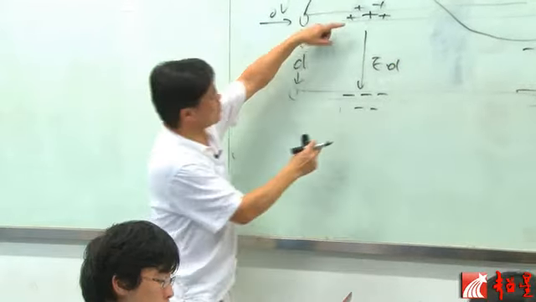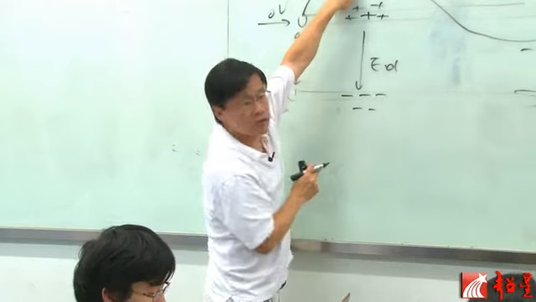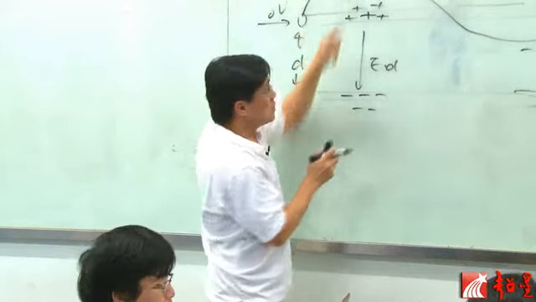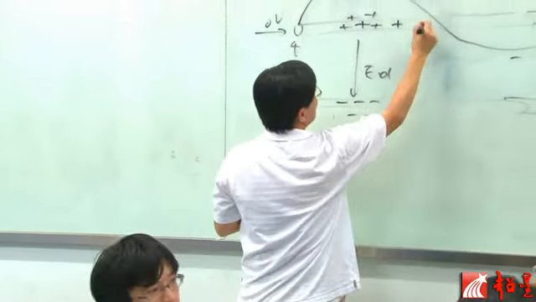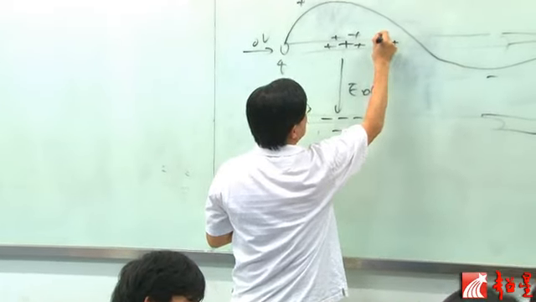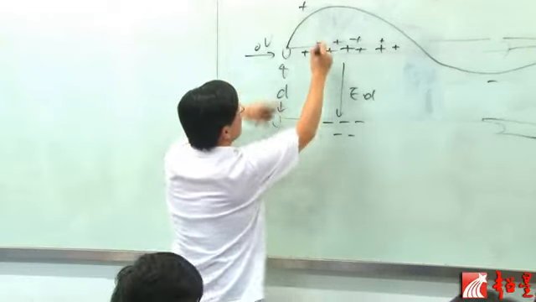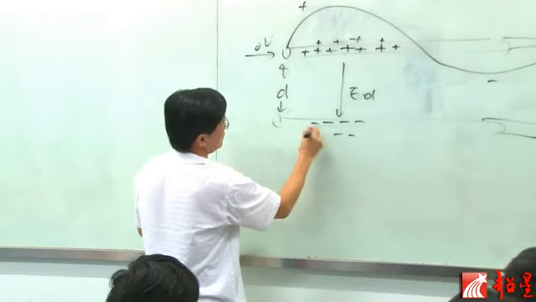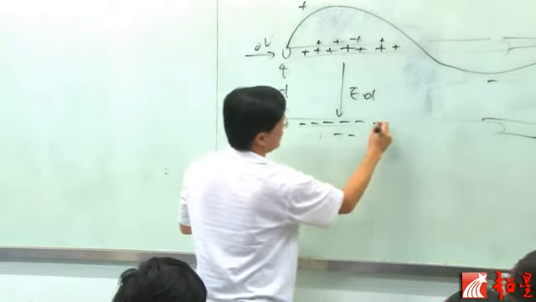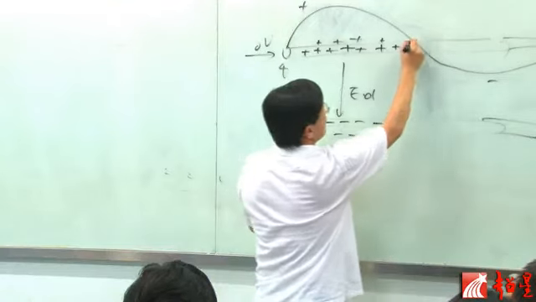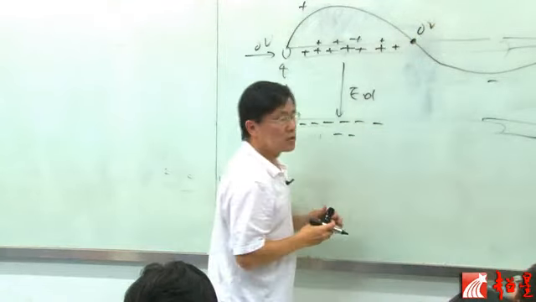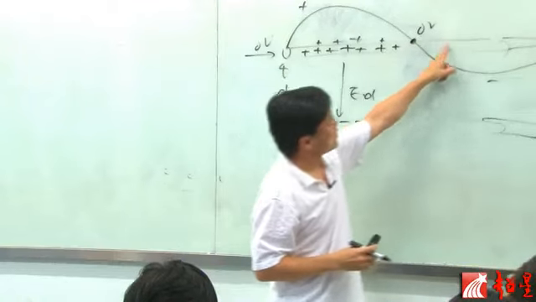So you must have a lot of charges to generate that voltage. Then you have less charge here, and then less charge here, and it's almost no charge at the end, okay? Because this voltage here is 0, okay? There's no charge here. What about this end here?